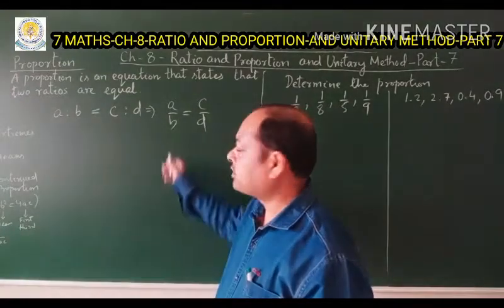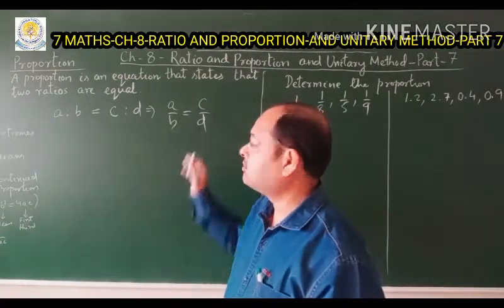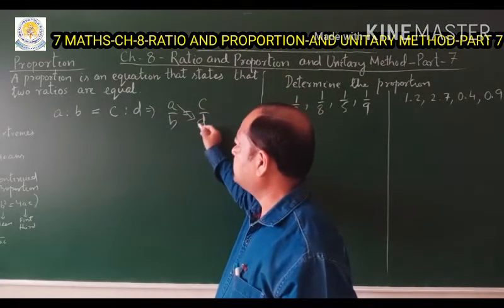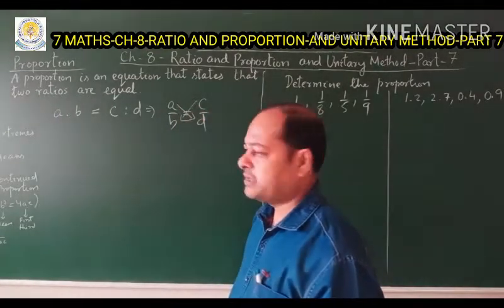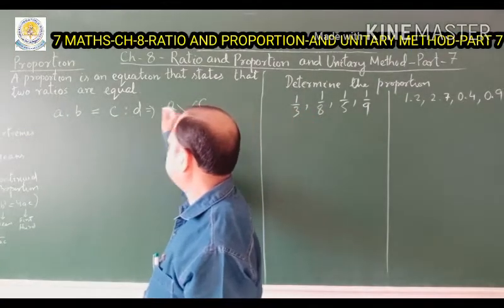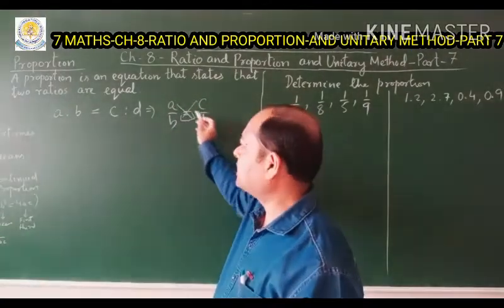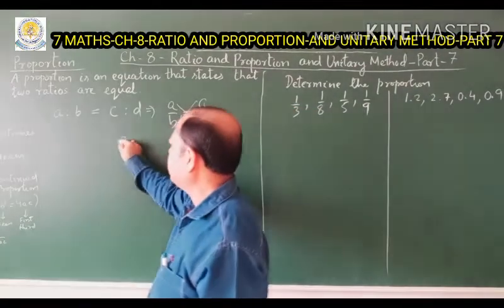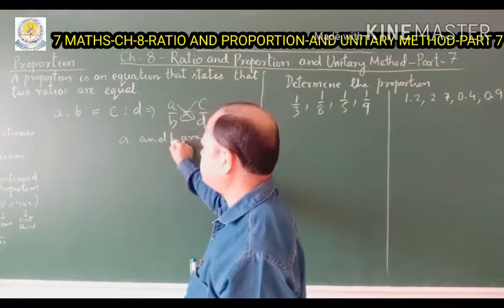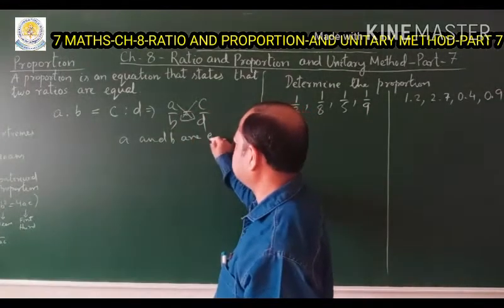So how do you know that these are in proportion? Just cross multiply A with D and C with B. Here A and D are called extreme terms. See, A is from the beginning and D is the last.